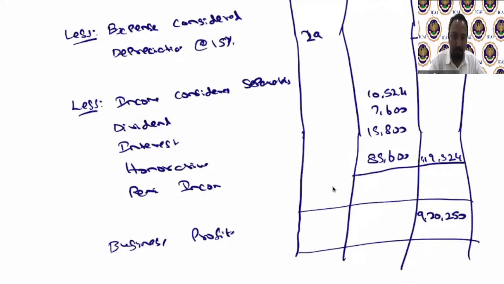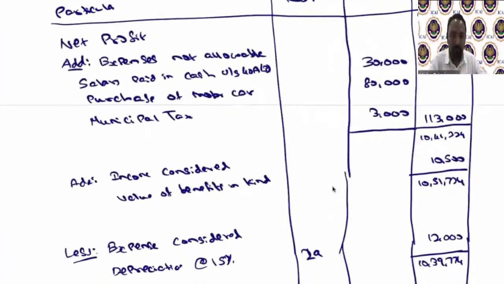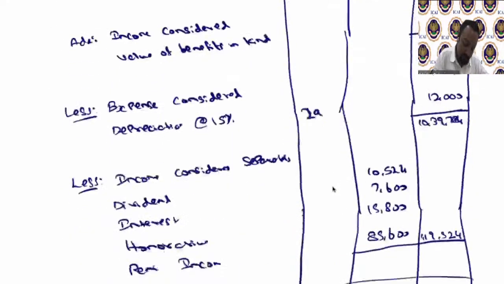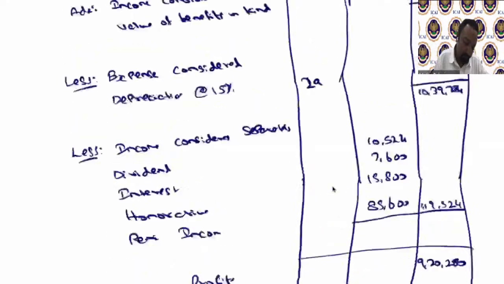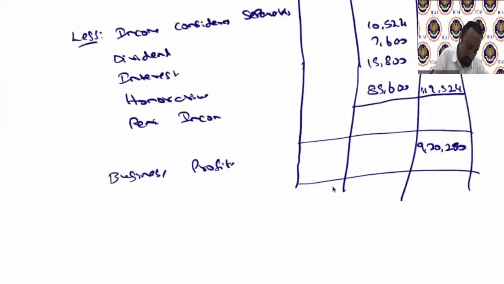So your total becomes 39,724. So because of that, this becomes 200.